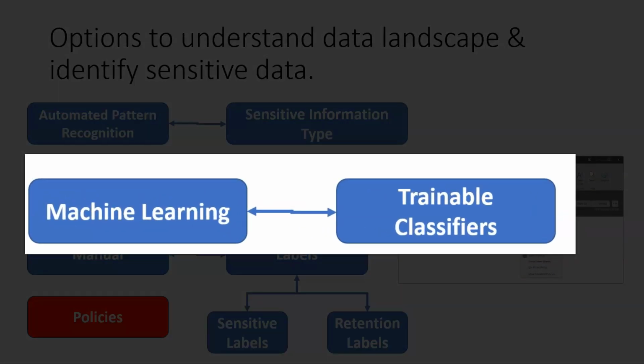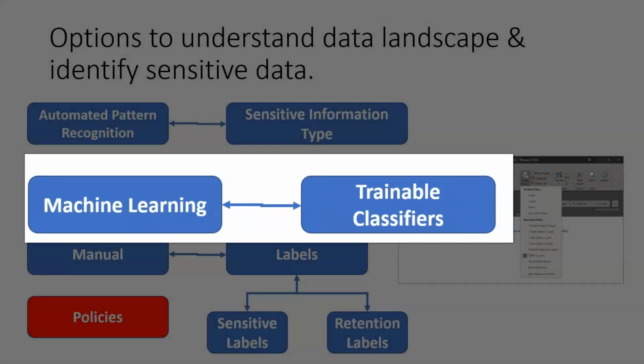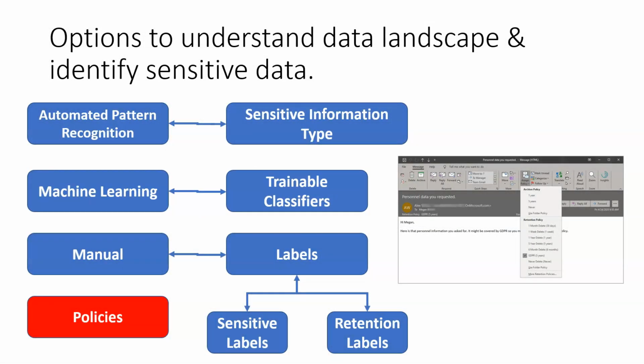The second option we have is trainable classifiers, or in other words, machine learning capabilities. This classification method is very well suited to content that is not easily identified by either automated pattern recognition or the manual process.